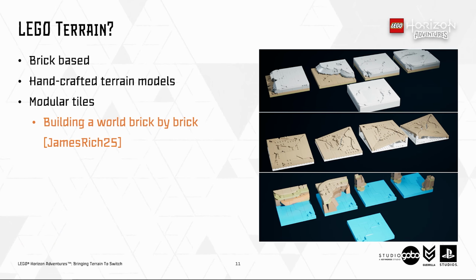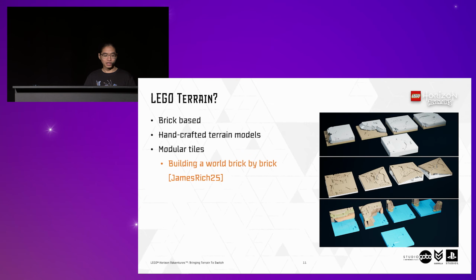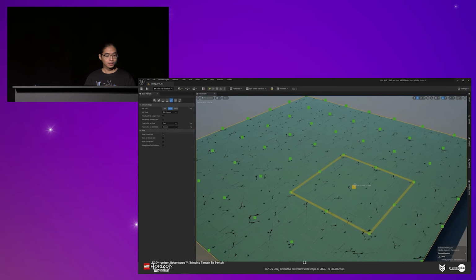So our artists opted for an approach relying on modular tiles. These modular tiles are snapped together using strict rules on size and angles. It's quite a long story how we ended up designing the terrain this way from the perspective of art direction, which my colleagues James and Rich covered in the GDC talk.